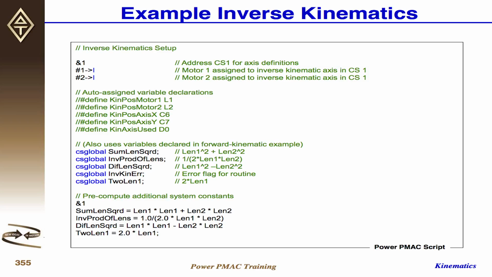These are the variables that I'm going to use in my inverse kinematics calculation. And this is some value that's using the length. See here, this is a length squared plus some together, and also some other things. Okay? This is just to save time for the calculation.